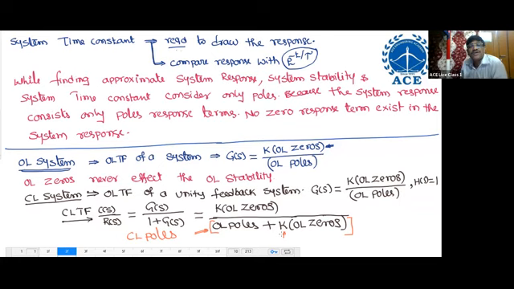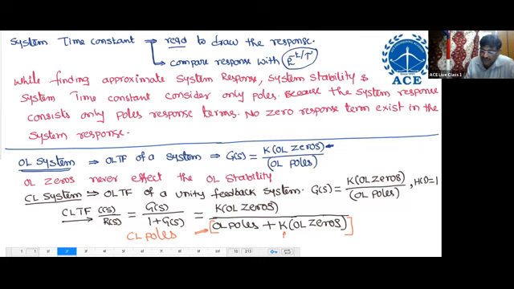Open loop zero never affects open loop stability, but open loop zero will affect closed loop stability. If the system is closed loop, open loop zero will affect the closed loop system stability.